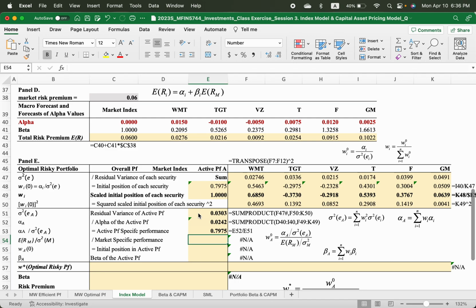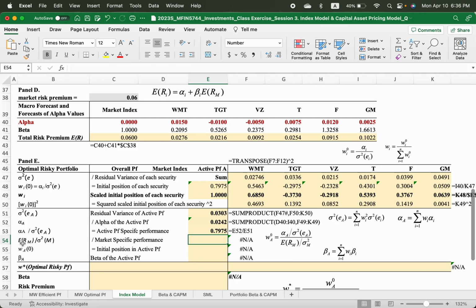Okay, we're almost done. Now, here the divided by, now we want to calculate the market specific performance. Once we complete this residual performance part, let's calculate the market specific performance part, right? It's no longer the residual part, but this is the market part.